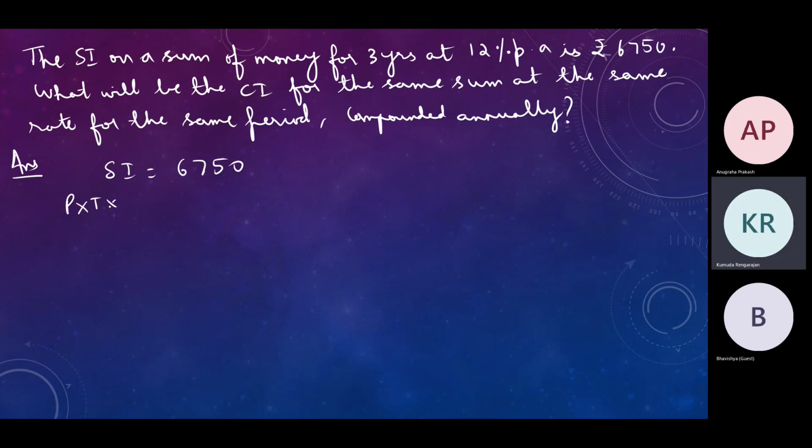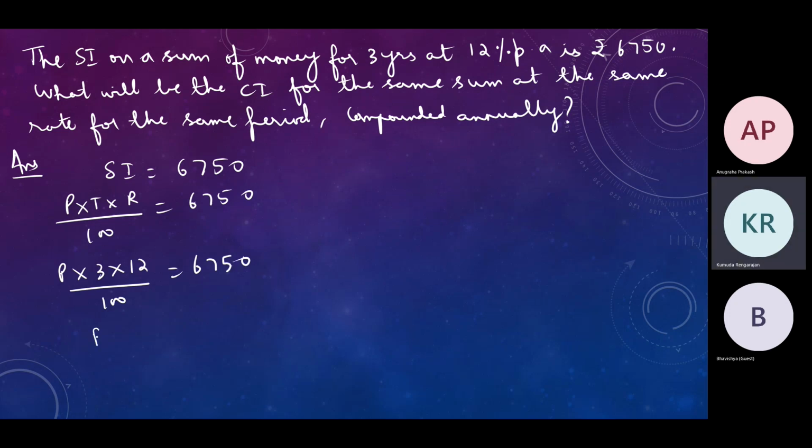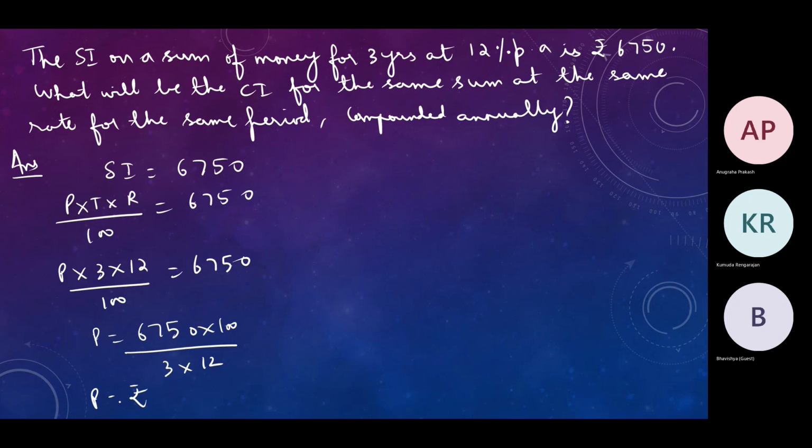Principal into time into rate by 100 is given to be 6,750. Principal we don't know, time is 3, rate 12 by 100 is equal to 6,750. So P is equal to 6,750 into 100 divided by 3 into 12, and that is 18750.